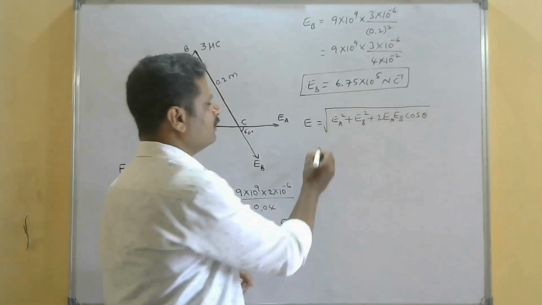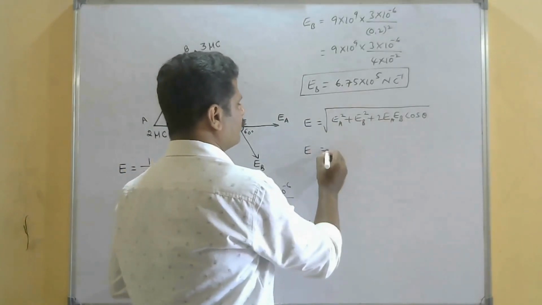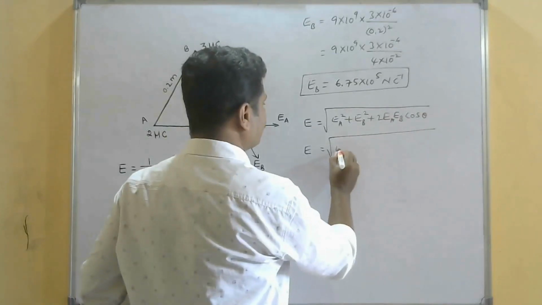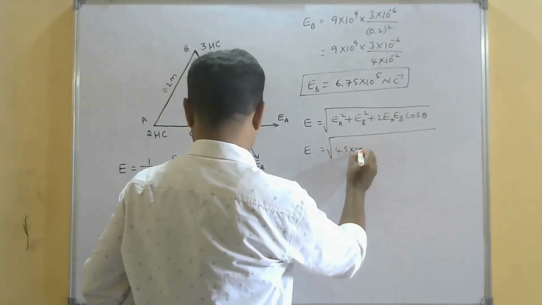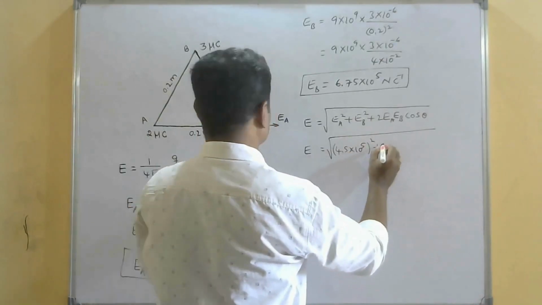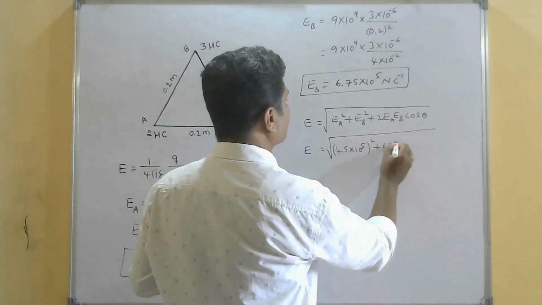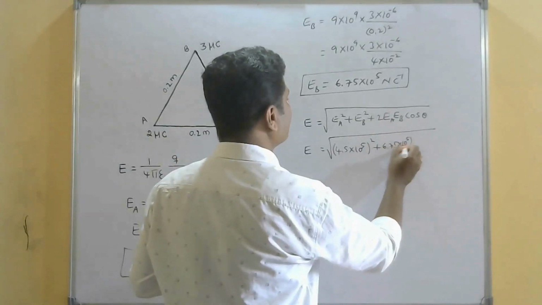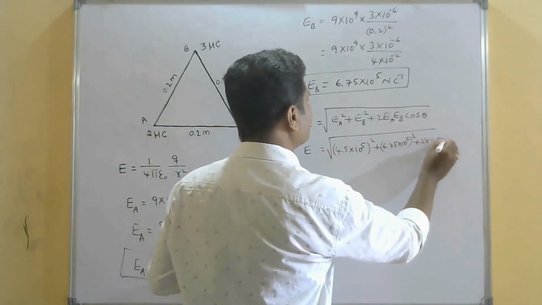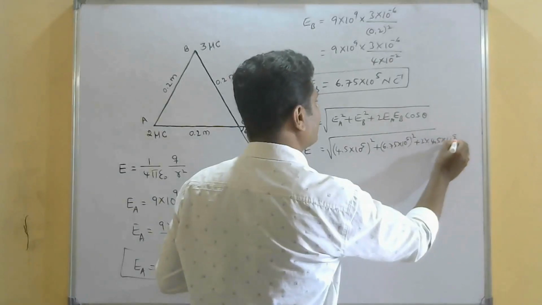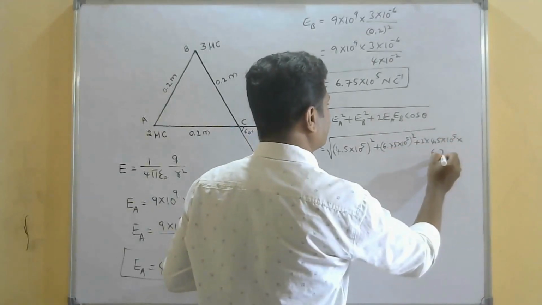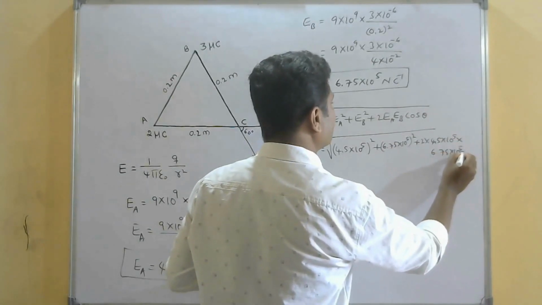And substituting all the values, square root of EA, here EA equals 4.5 into 10 raised to 5 whole square, plus EB equals 6.75 times 10 raised to 5 whole square, plus 2 times 4.5 times 10 raised to 5 into 6.75 times 10 raised to 5 cos 60.